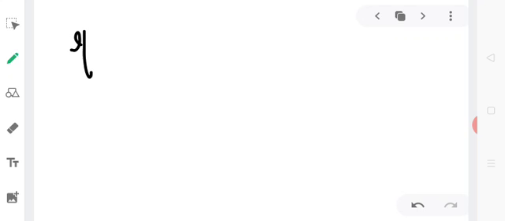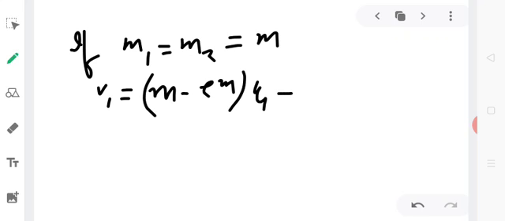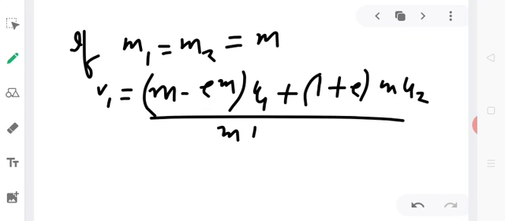Now if m1 is equal to m2 and that is equal to m, then v1 will be equal to [(m minus e times m) u1 plus (1 plus e) times m u2] divided by (m plus m).